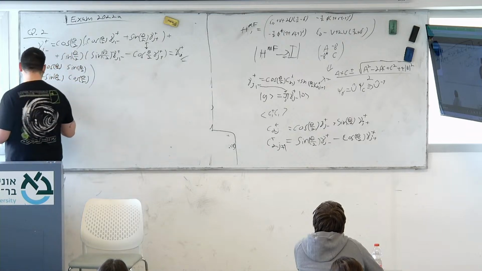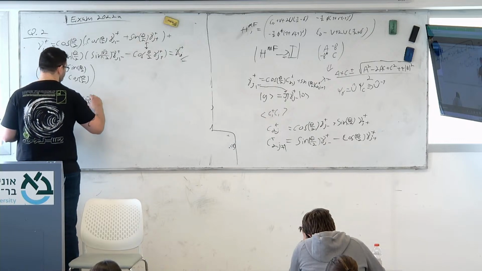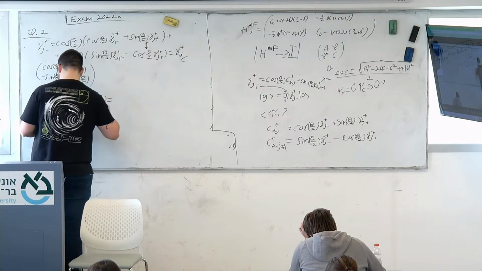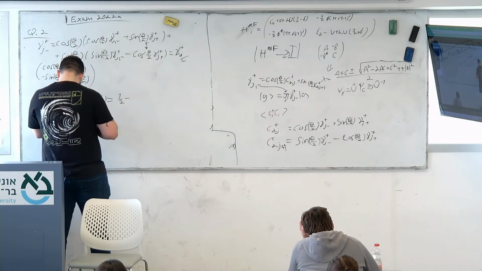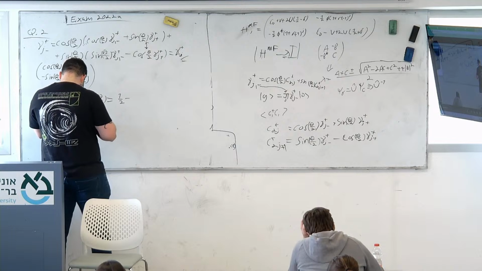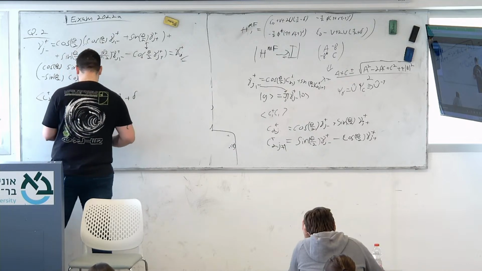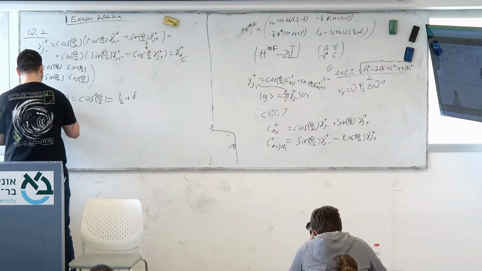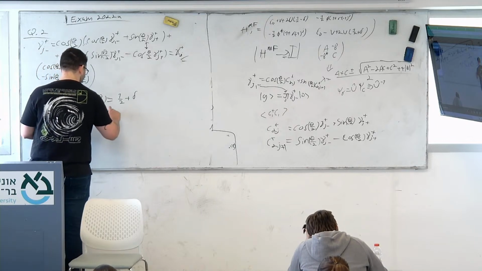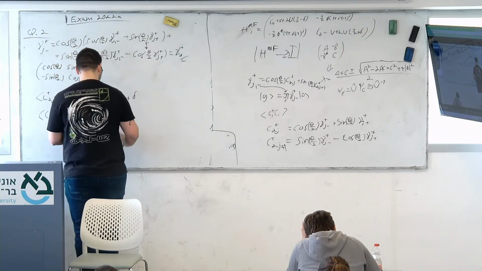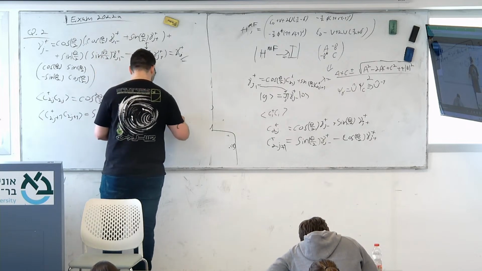So C_2J dagger C_2J equals cosine squared theta divided by 2, equals one half plus delta, and C_2J+1 dagger C_2J+1 equals sine squared theta divided by 2, equals 1 minus cosine squared theta divided by 2, equals one half minus delta.